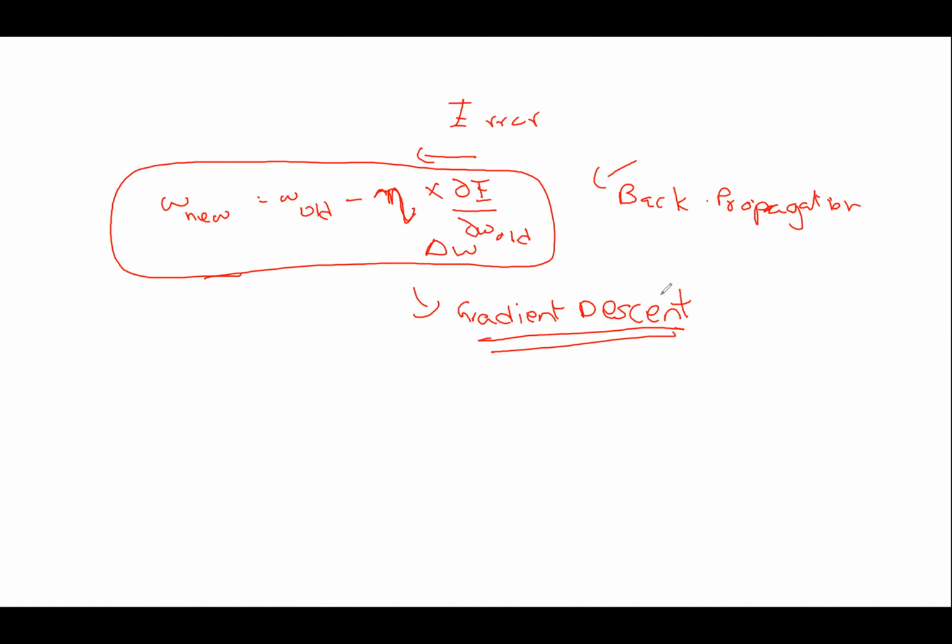Again, update the weight, again go back, get the new error. So we do this iteration in every epoch. Do you remember it now? Yeah, so this is how we update the weight in every iteration. This process is called gradient descent.